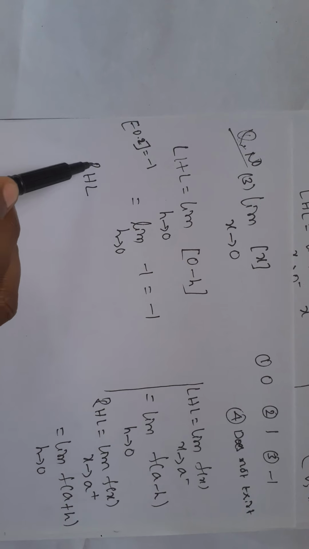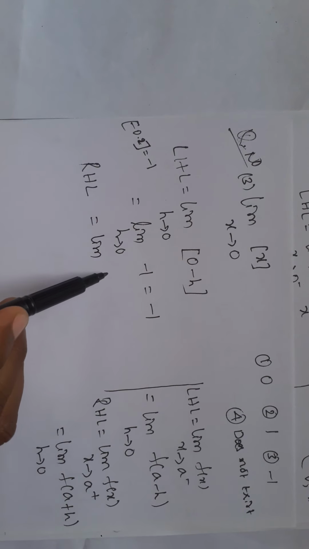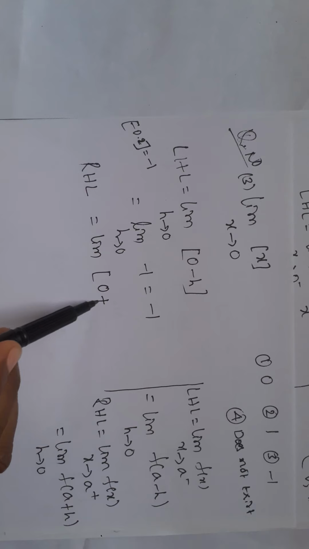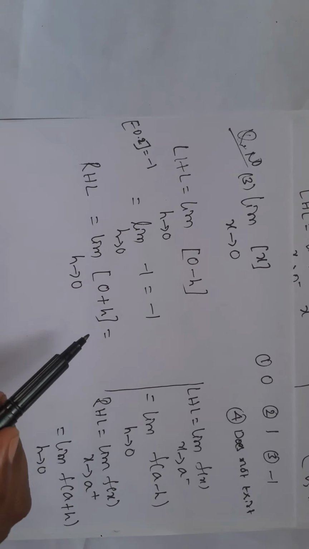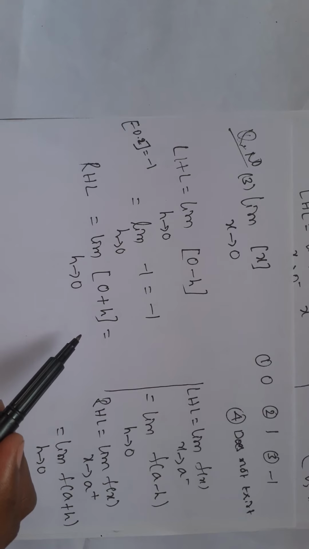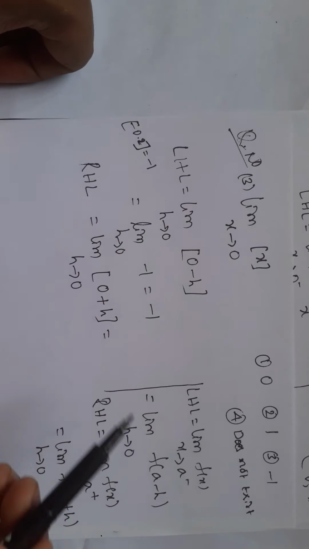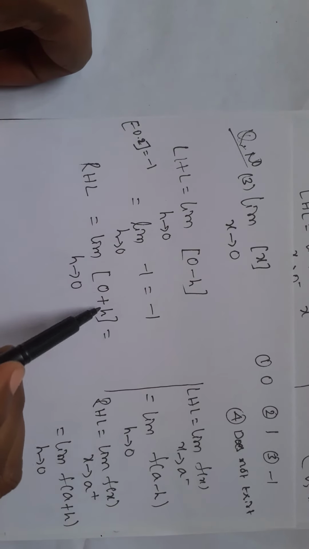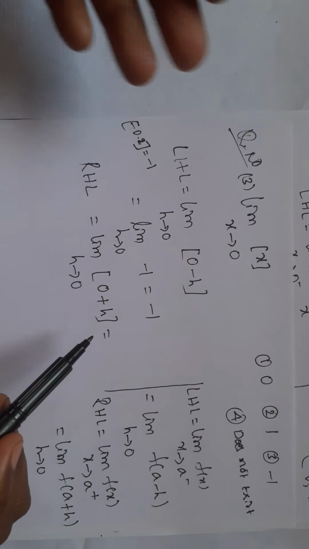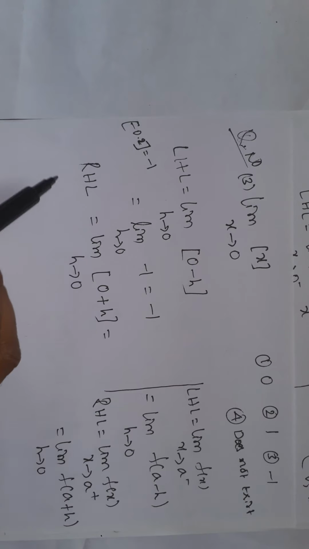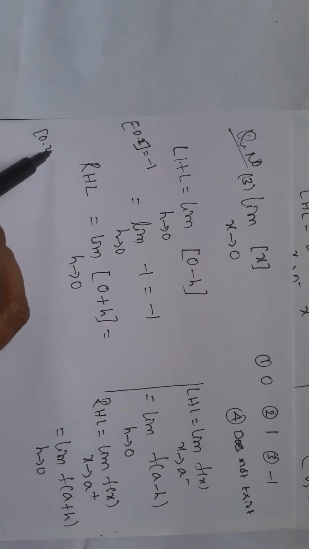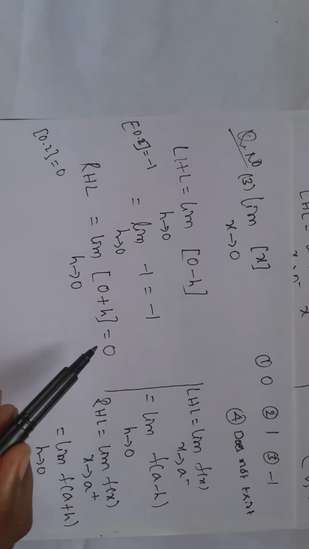Similarly, RHL is limit of the function step up of x at 0 plus h as h tends to 0. 0 plus h means above 0, say 0.2, 0.3, 0.4 and all smallest values. Step up function of 0.2, 0.3, 0.4 and all approaches 0.